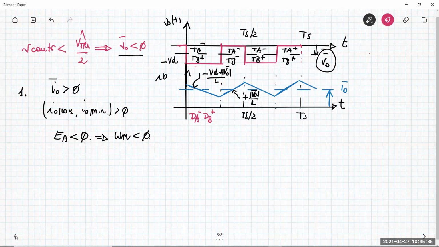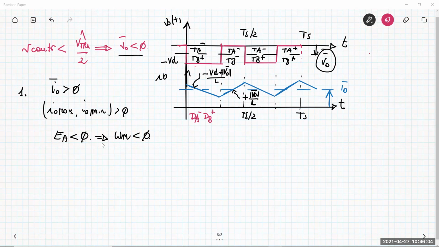Okay, I have a question. Let me just answer this question. Marco Simonetti asked if in this case, in order to have the average current positive, as indicated in this drawing, the back EMF in absolute value should be higher than the output voltage.